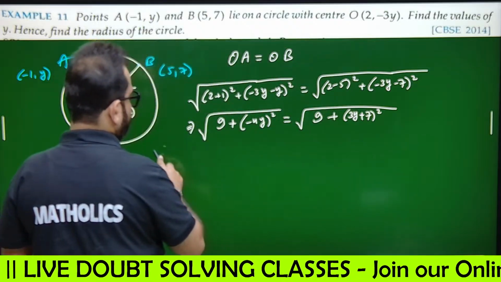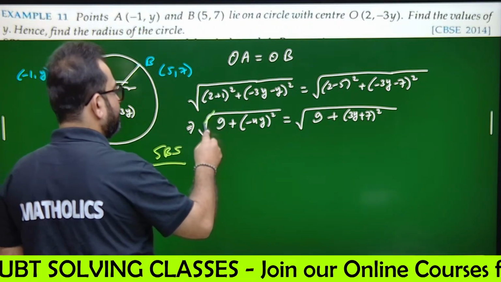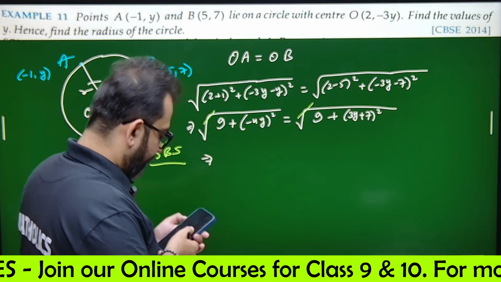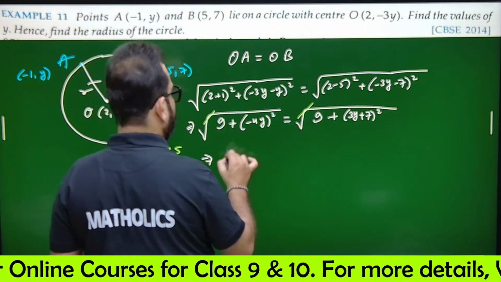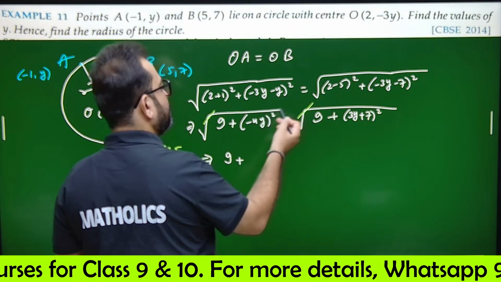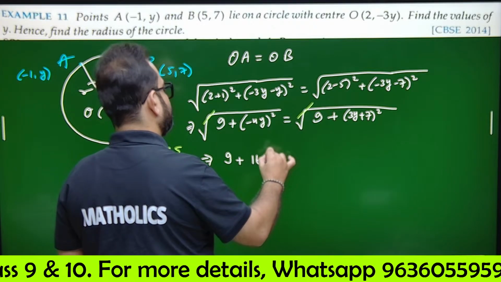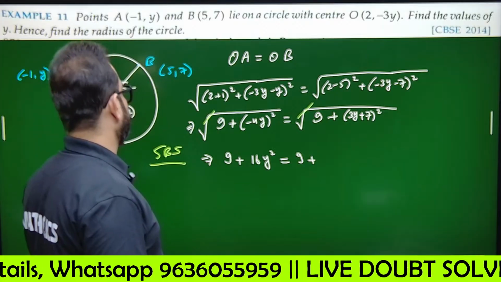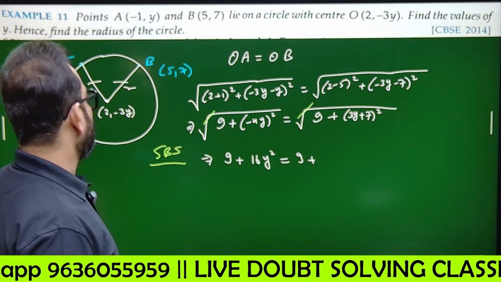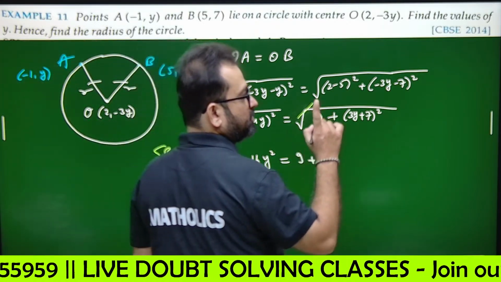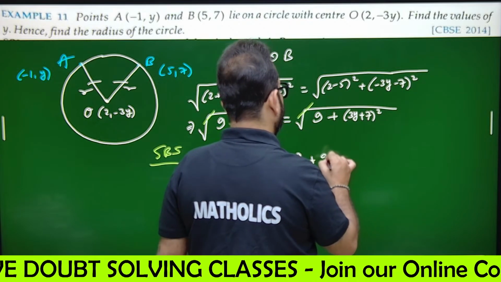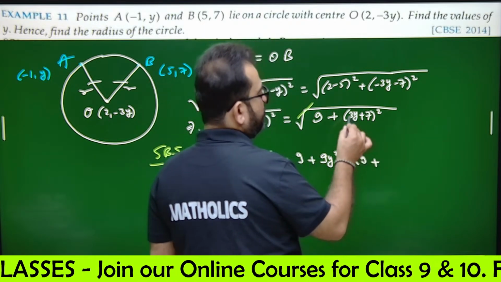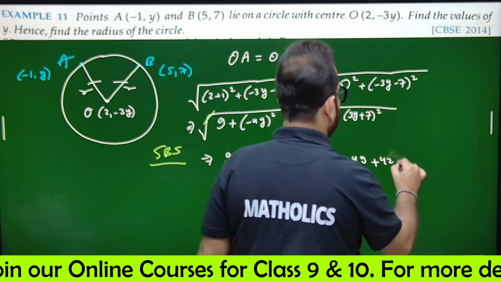Squaring both sides will remove the square root, and we'll have 9 plus 16y square equals 9 plus 3y plus 7 whole square. You have to open it. A plus b whole square is a square plus b square plus 2ab, which means 9y square plus 49 plus 2ab, that is 2 3s are 6, 6 7s are 42y.